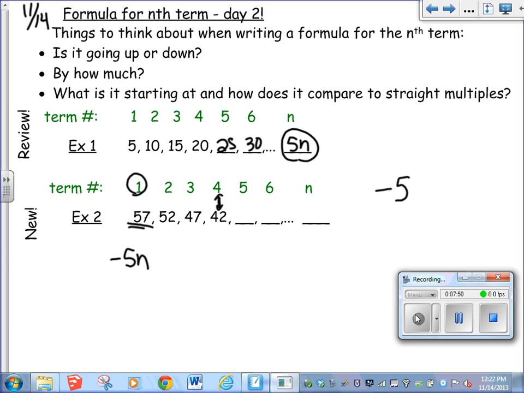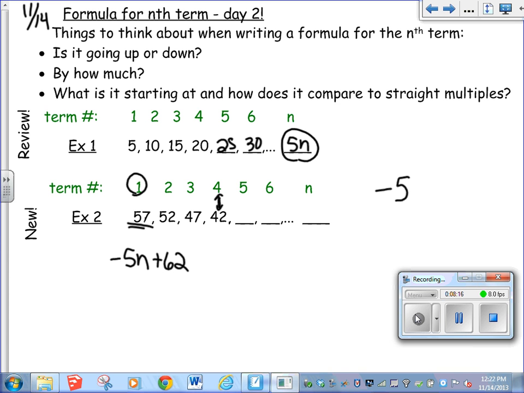We know that term 1 is supposed to give us 57, right? But when we plug in a 1 in this variable chunk, we just end up with a -5. So you've got to ask yourself, what do I have to add to -5 to get 57? That's 57 plus 5, which gives me 62. That should be your formula. Check it in a couple spots.